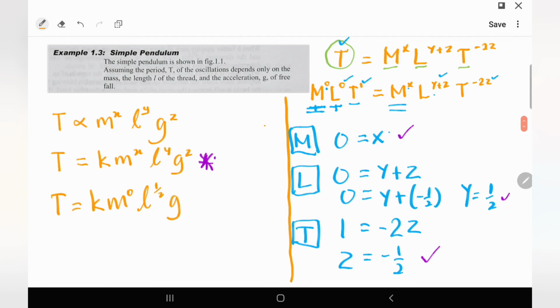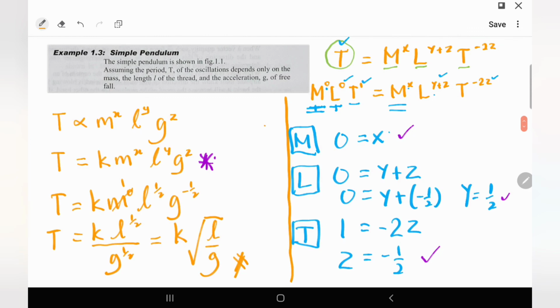And then multiplied by G to the power of Z. Z equals negative half. Okay, so remember, M to the power of 0 gives you 1. So the equation is K L to the power of half G to the power of negative half. You will get G to the power of half at the bottom here. Alright, so this T still equals K multiplied by square root of L over G. So this is the equation of period.